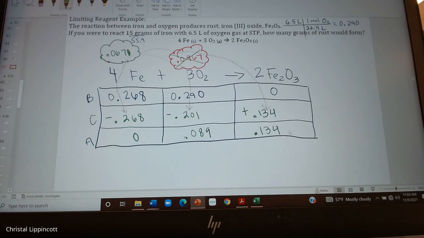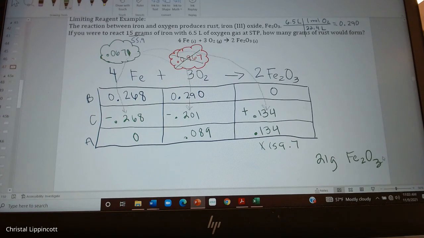We need to take this value and multiply it by the molar mass, which is 159.7. And that ends up being 21, how many sig figs? 2 sig figs, so 21 grams of iron 3 oxide.